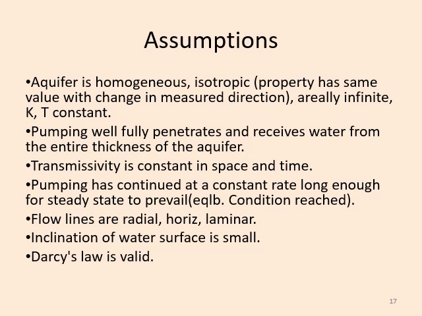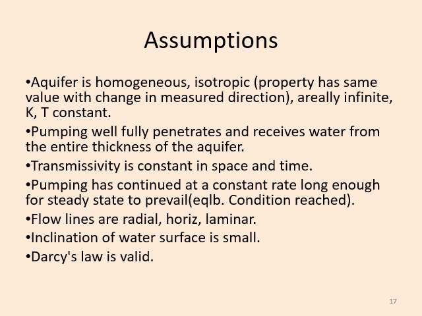Transmissivity, capital T, is constant in space and time. Pumping is continued at a constant rate long enough for steady state to prevail, so that equilibrium condition is reached. Flow lines are radial, horizontal and in laminar condition.